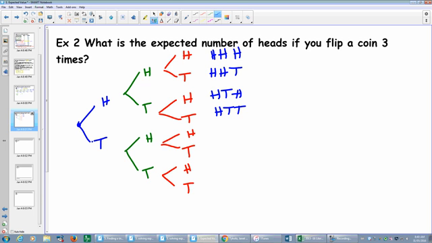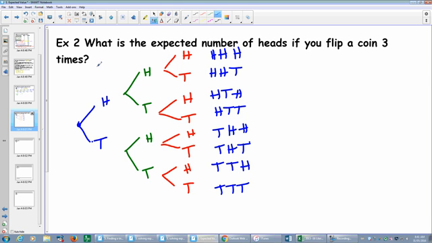And what comes next, Michaela? Very good. And what comes next, Powell? Oh, I did that backwards. Okay, Mitchell, what comes next? Good. And Spencer? Good. Okay, so these are all of the possible outcomes that I can have here.